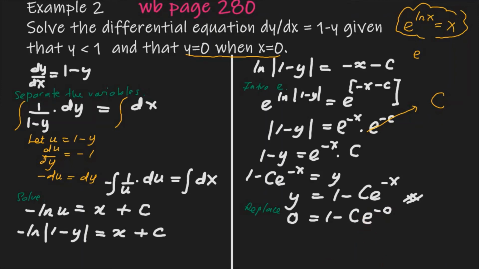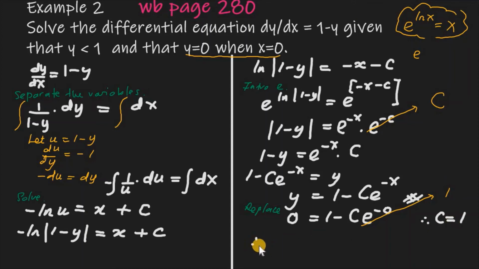Negative 0 is actually 0, and anything power 0 is actually 1. So this is 1 in value. Hence we solve for C. We can say that C is 1 in value.